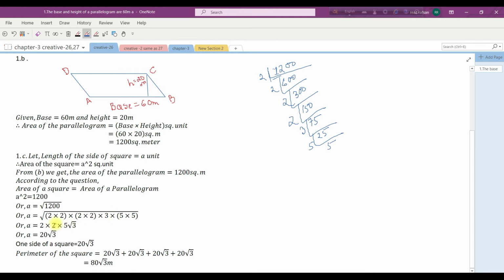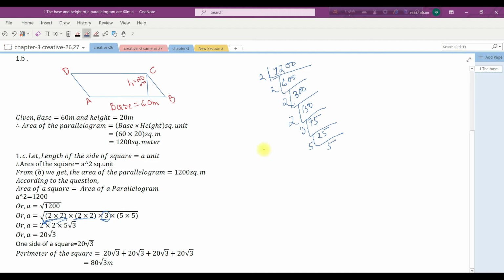So what you have to do is, for every pair you will just take one of them. For every pair here, 2 into 2, you will take only one 2. In this case, 2 into 2, just take only 1. But for this 3 there is no pair, so just keep it aside.